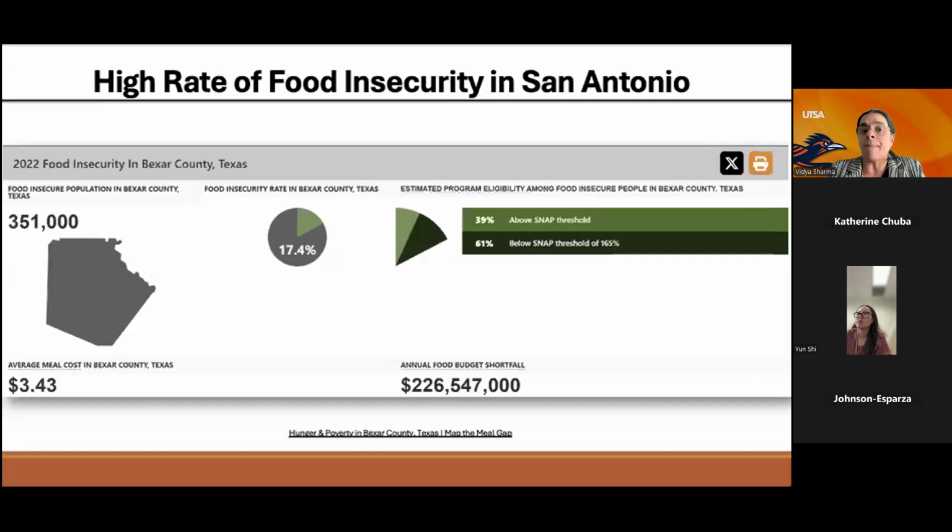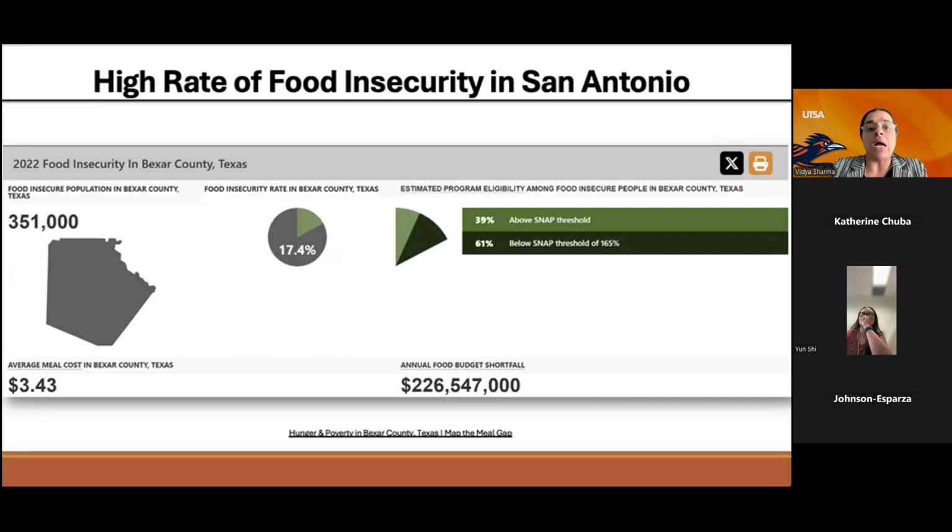Why do we need to talk about it? Again, this slide is from San Antonio. But when we look at that first slide that I showed, with Starr County having a 23.2% prevalence, I think it's important to keep in perspective that the effects are far more widespread in those counties.